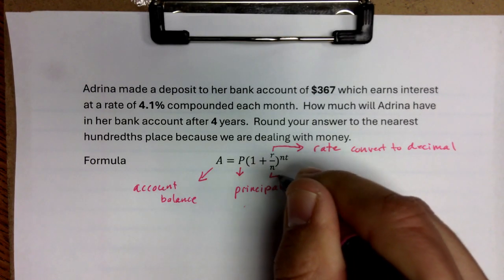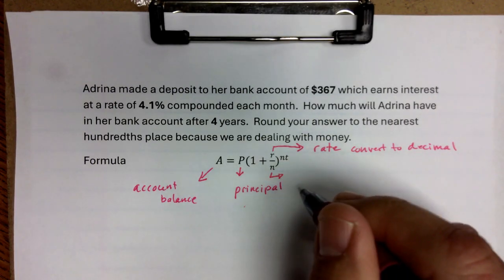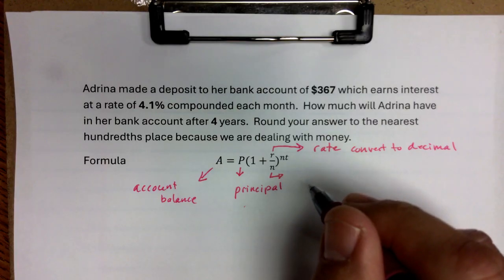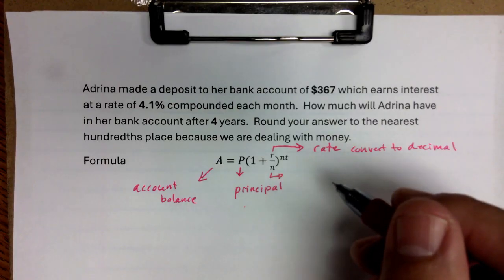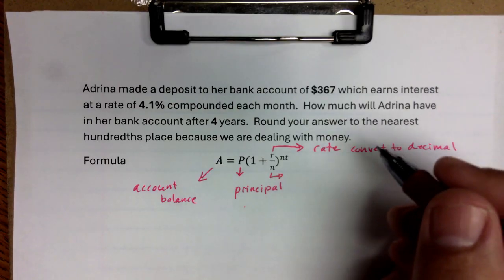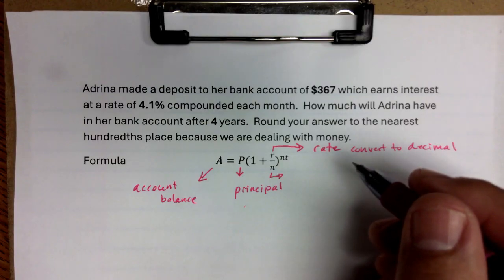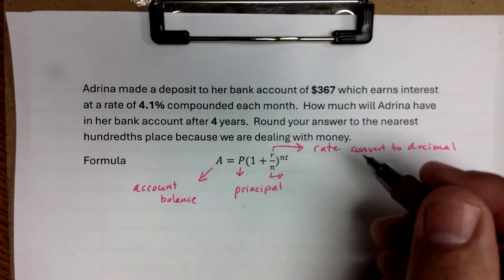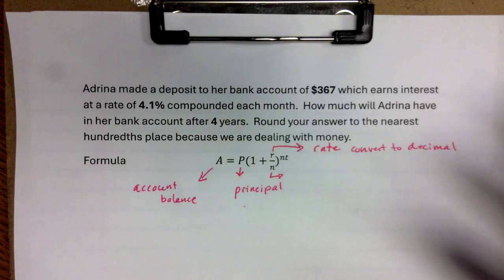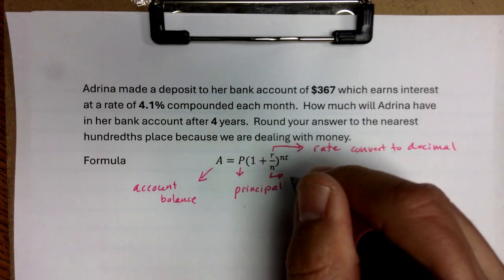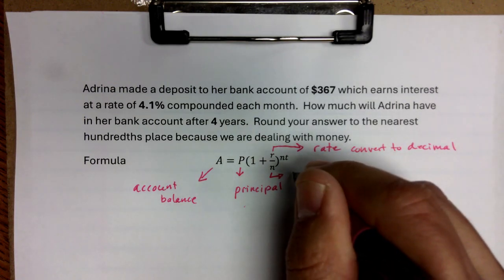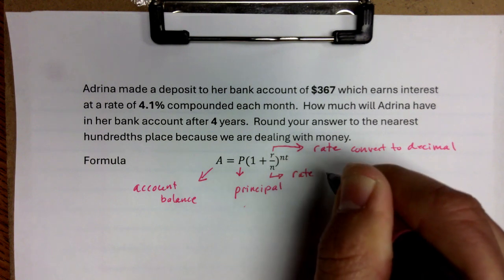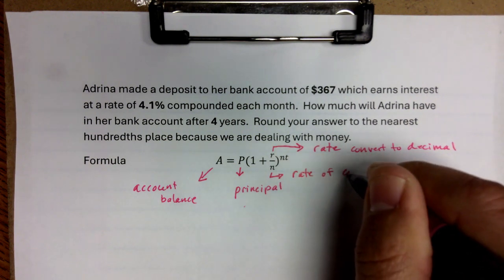And then N is going to be the number of times something is compounded. So if it says semi-annually, then it's compounded 2 times a year. If it says quarterly, it's compounded 4 times a year. If it says monthly, it's compounded 12 times a year, and so on. So I'm going to put rate of compounding.